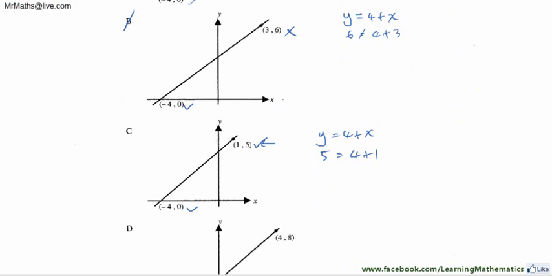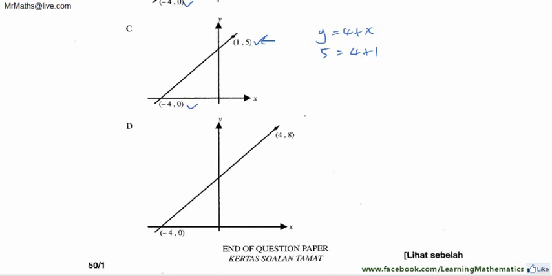And D, what about D? This point is correct, minus 4, 0. But what about the other point? Y equal to 4 plus x. So y is 8, 4 plus 4. So yes, this is also correct. So the answer is B then.